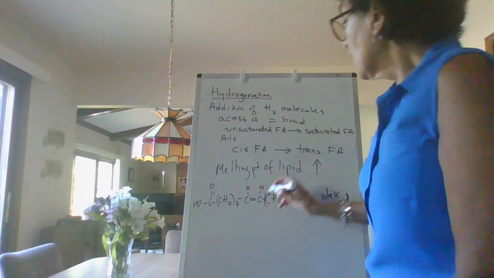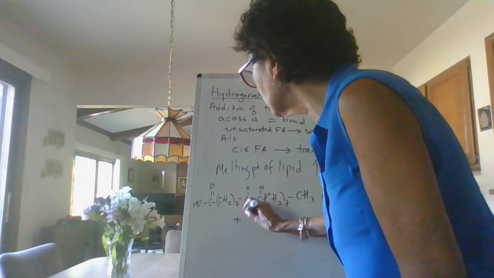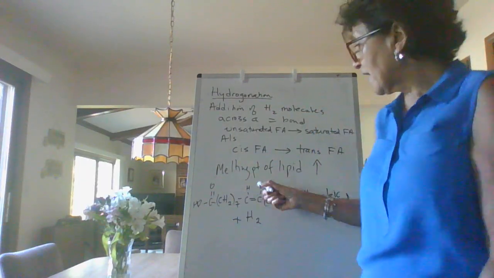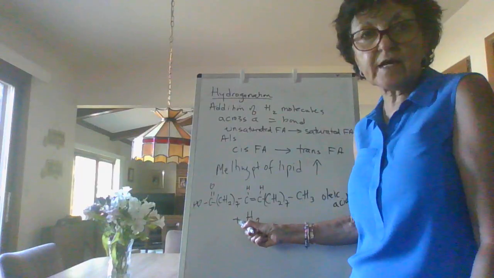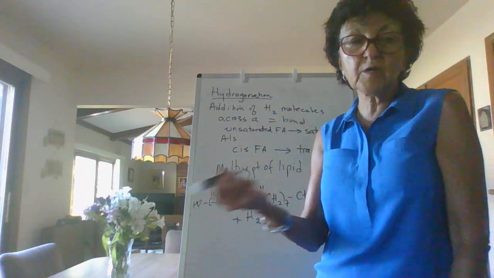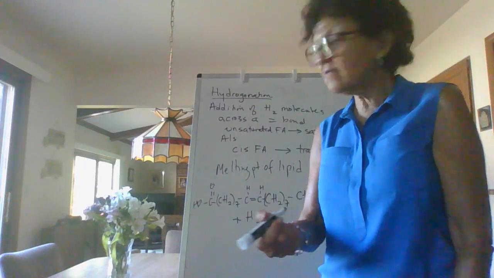It's definitely found a lot in olive oil. If I have only one double bond, I just need one molecule of hydrogen, one H2. That's it. If I had 2 double bonds, I'd have to have 2 H2s. If I had 3 double bonds, I'd have to have 3 H2s. This is something we did back when we were talking about hydrogenating alkenes.